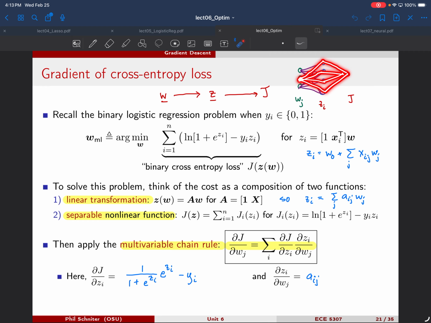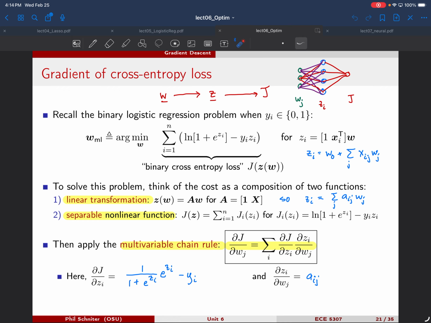And so you can see that there's all these parallel paths. For each one of those paths, it contributes a dJ/dwj, written in this two-stage procedure: a dJ/dzi and a dzi/dwj. And the fact that there's multiple paths here is reflected in the fact that there's a sum in this multivariable chain rule.